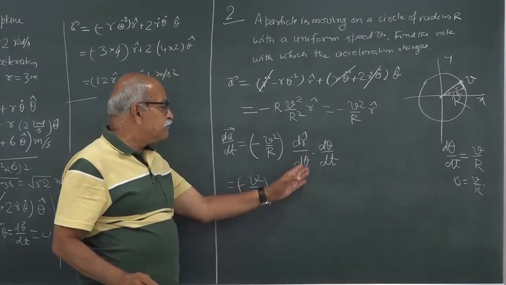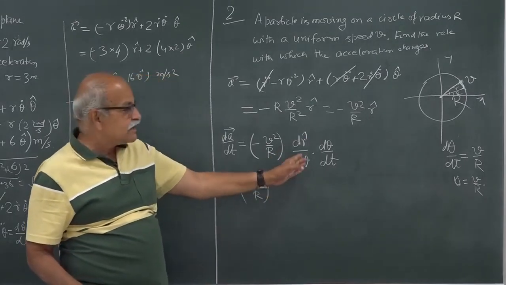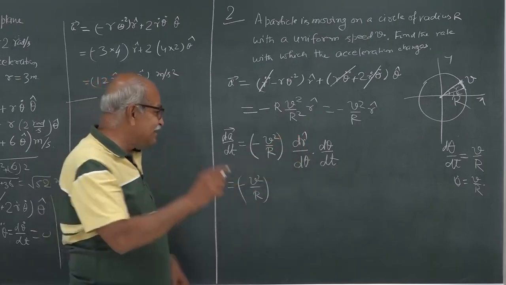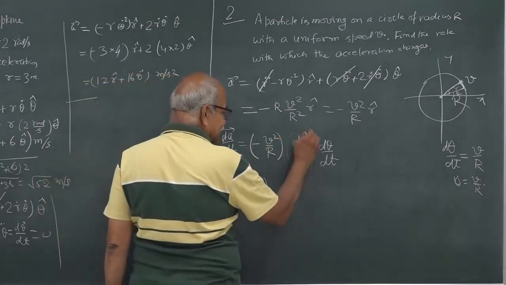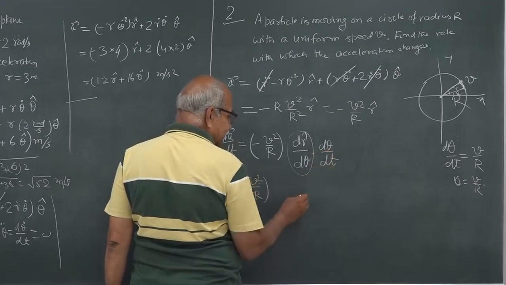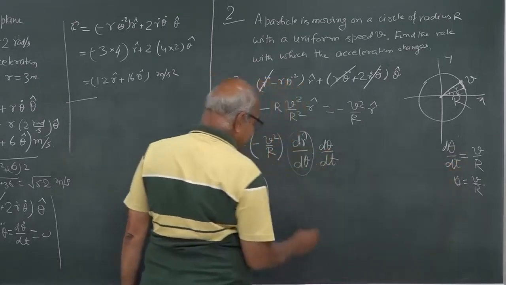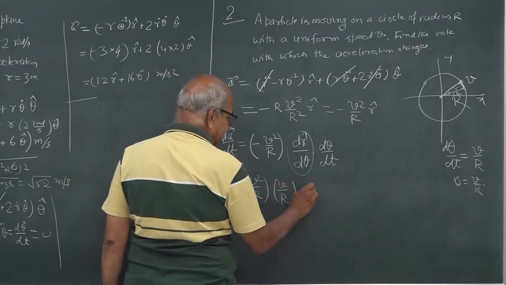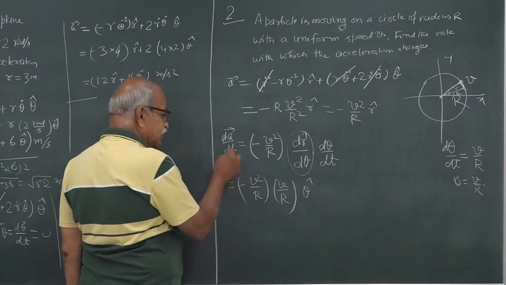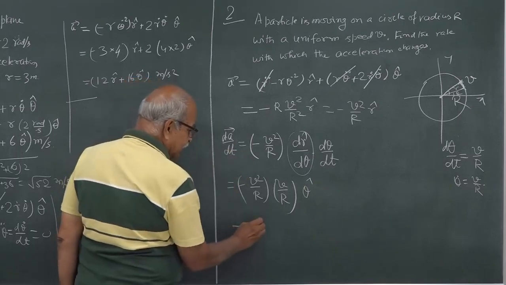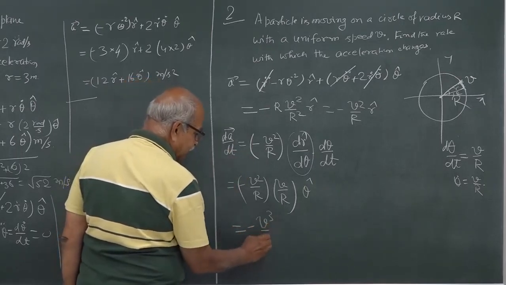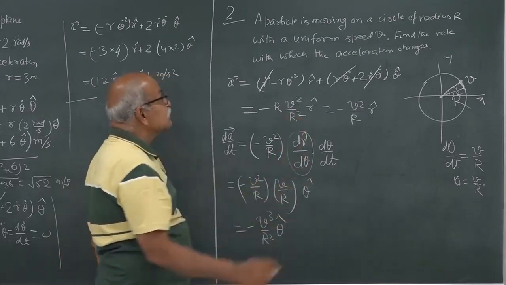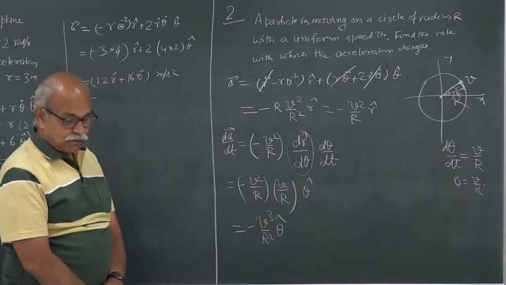And what is dr cap d theta? dr cap d theta is theta cap. Okay, we must have done it. So, this is theta cap, and d theta dt is this one, v by r. So, this is v by r, and then this theta cap. So, this rate of change of acceleration is minus v cube by r square, and then theta cap. This is our question number 2.